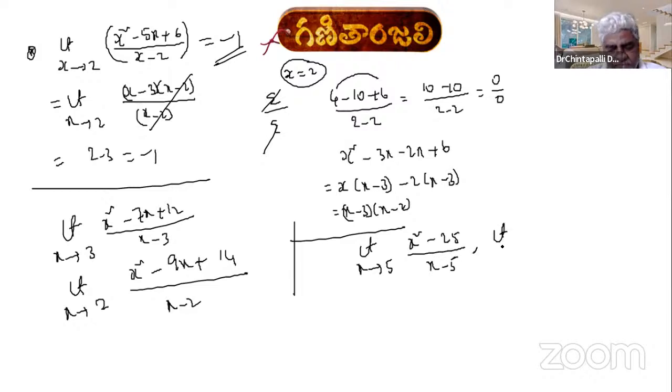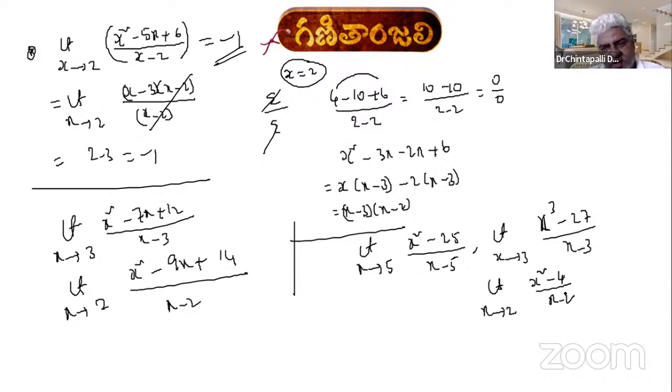Limit x tends to 3 of x cube minus 27 by x minus 3. Limit x tends to 2 of x square minus 4 by x minus 2. Try these five sums. We will have very interesting discussions on this topic tomorrow.